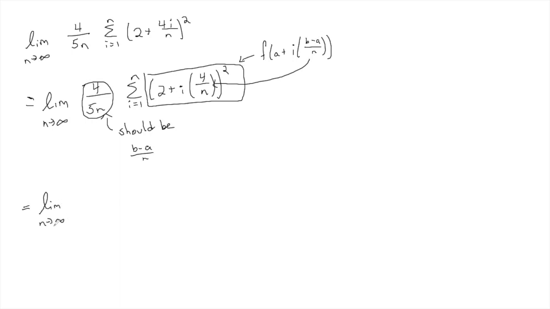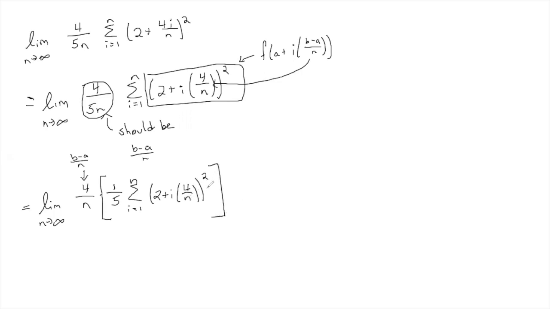Well, I could just sort of cheat and bring the 1/5 away from the 4 over n. Right? So I have my 4 over n where it needs to be. This is my b minus a over n. And the 5 I can write just as a separate thing. So I'll just write it as one big multiplication here. 2 plus i times 4 over n, squared.